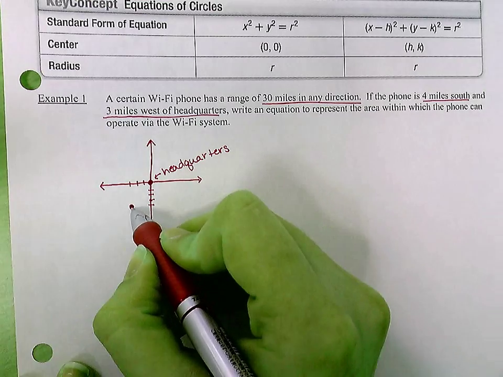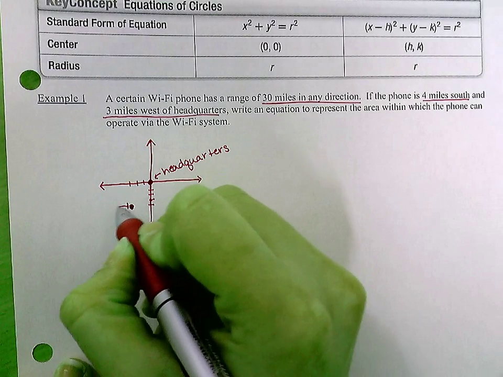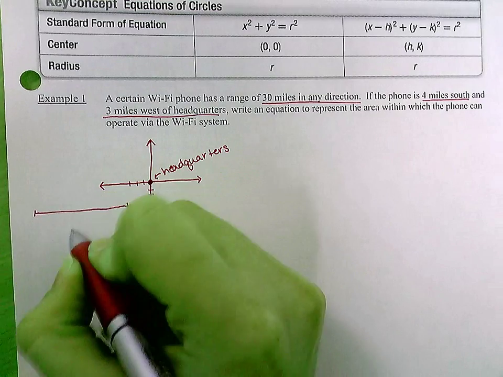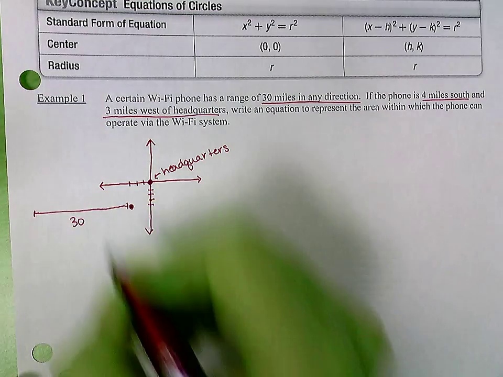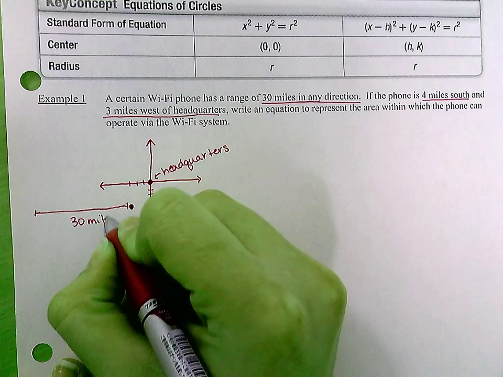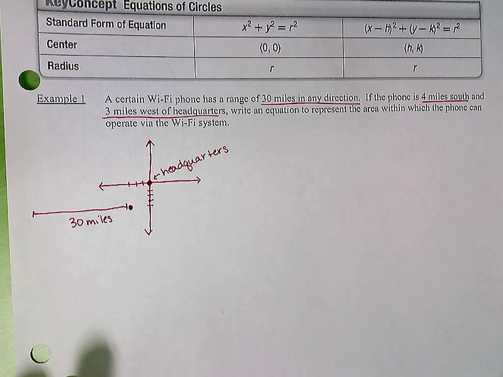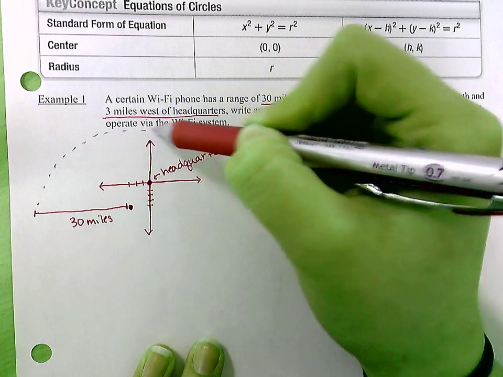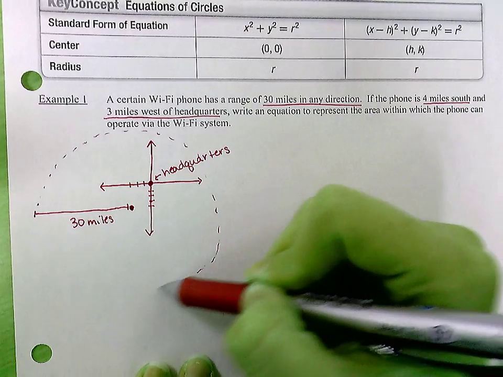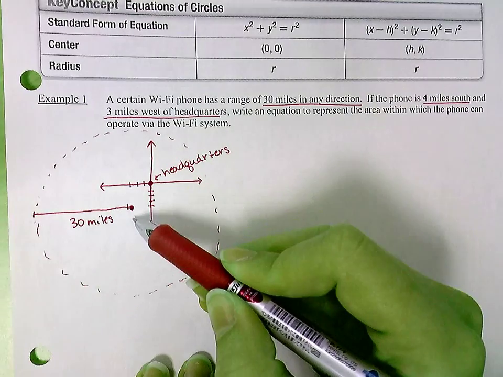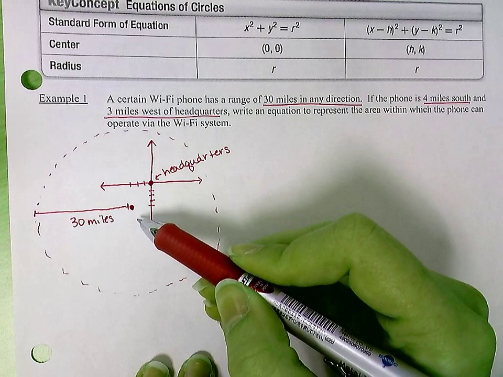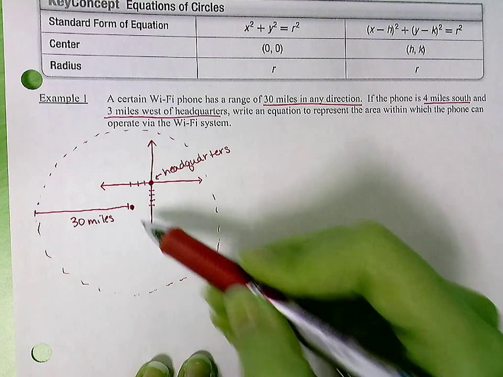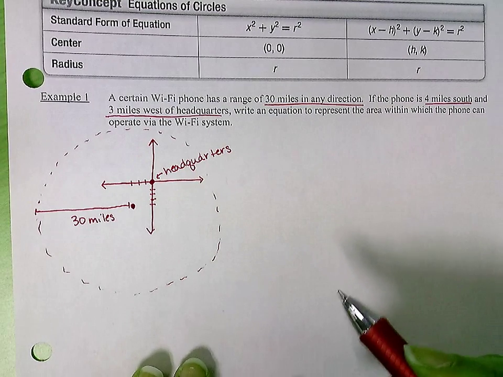So from that phone, if I go this way, that should be 30 miles. Since it's in any direction, it would make this circle shape around the phone.